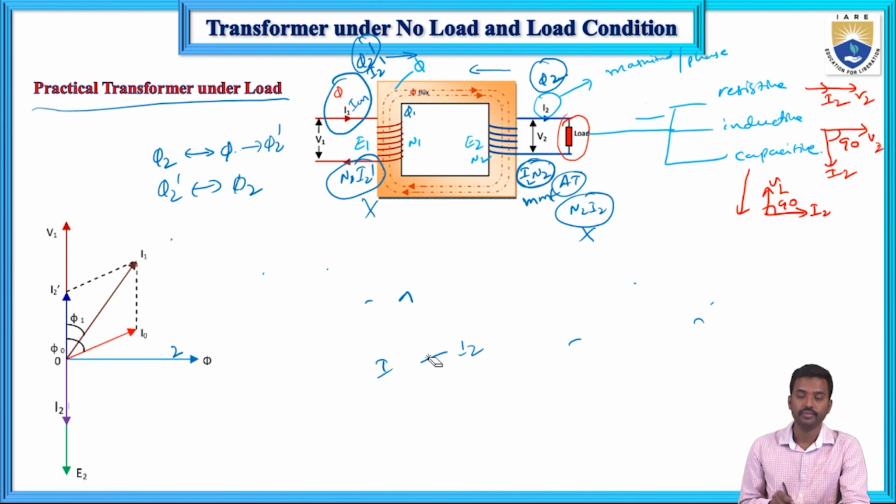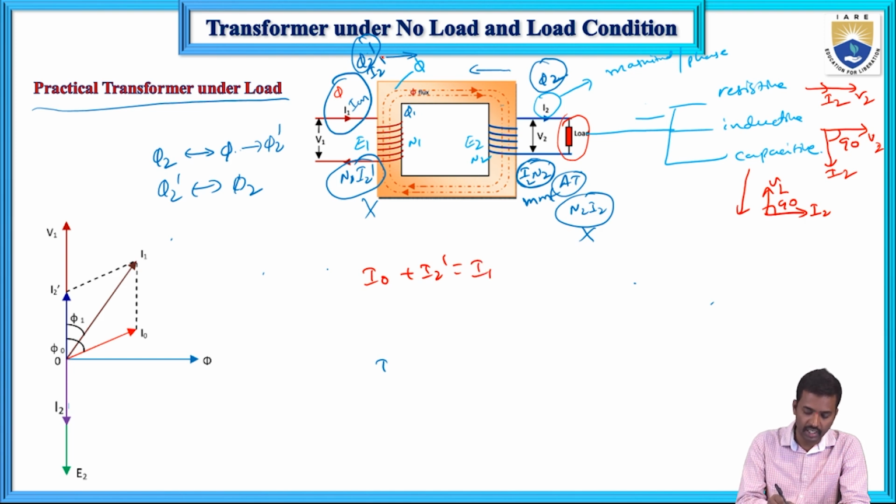In this case, first the phi 2 flux, this is I mu, and this is IW, and there is I naught and I2 dash. I naught plus I2 dash equals the primary current. There is an additional current I2 dash and the no load current. So the addition of these two equals the total primary current. Now this is the primary current I1, and this is I naught, and this is I2 dash, this is V1, and this is phi, and these two are in phase.